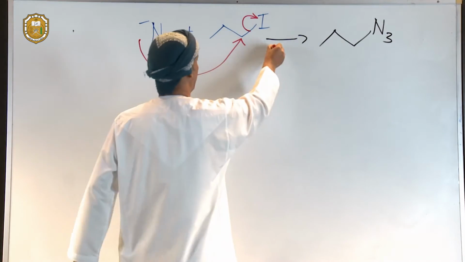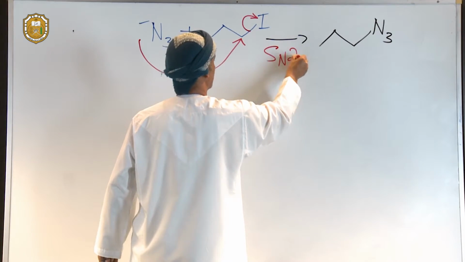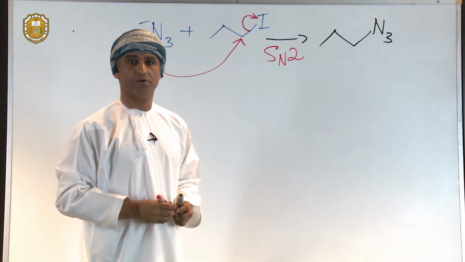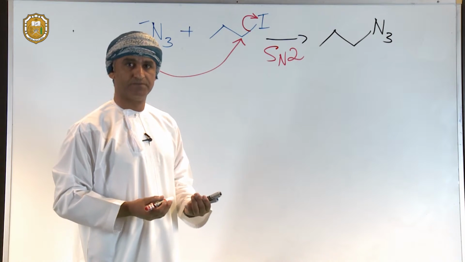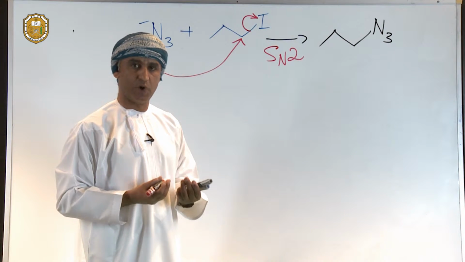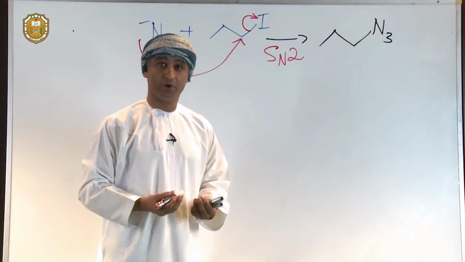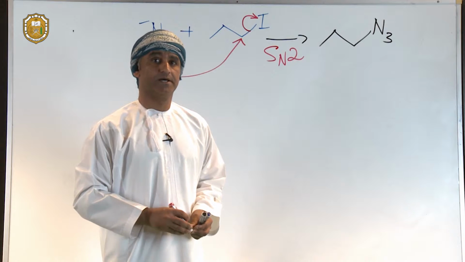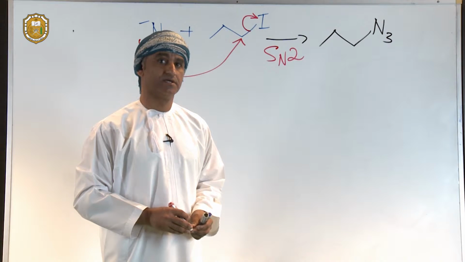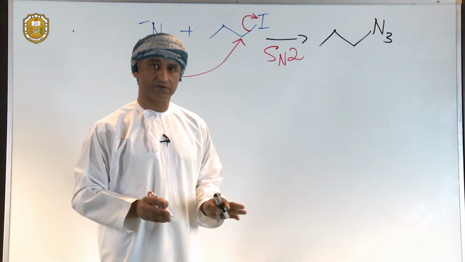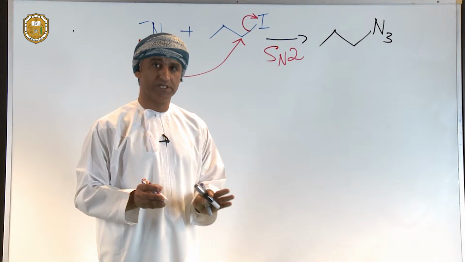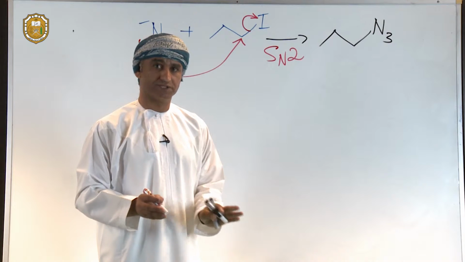We will see substitution reactions later on. So attraction of charges is one way by which organic reactions take place. But organic reactions may not always involve an attraction between charged species or charged intermediates.